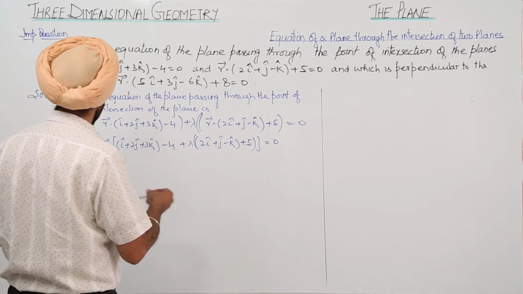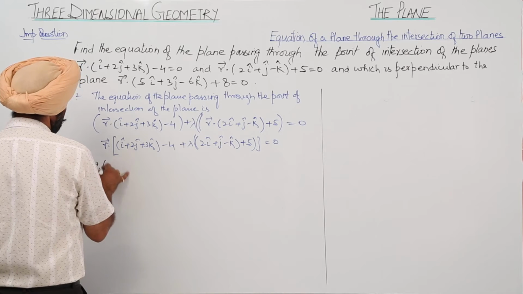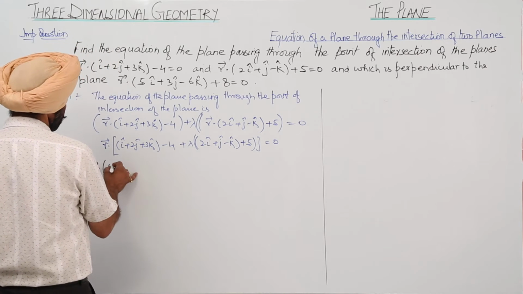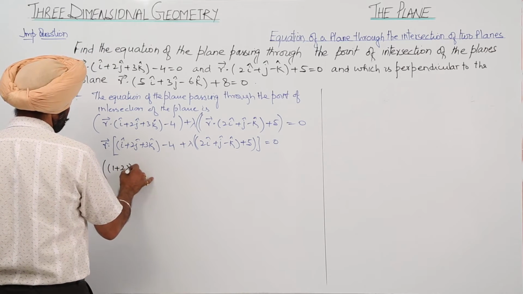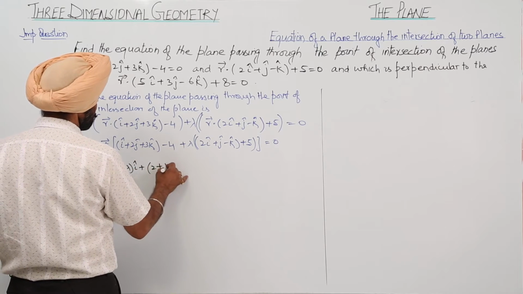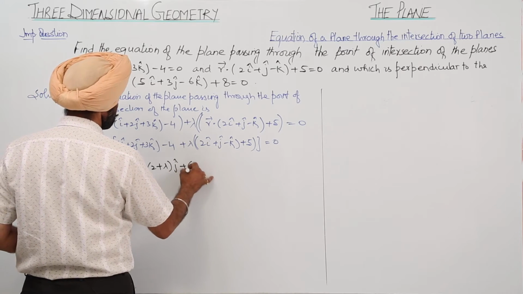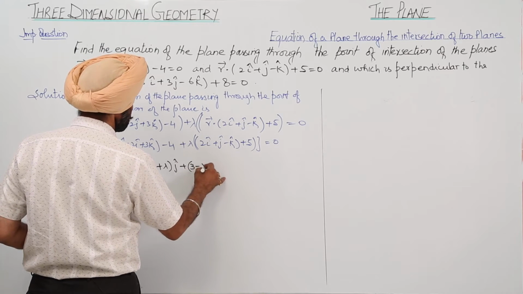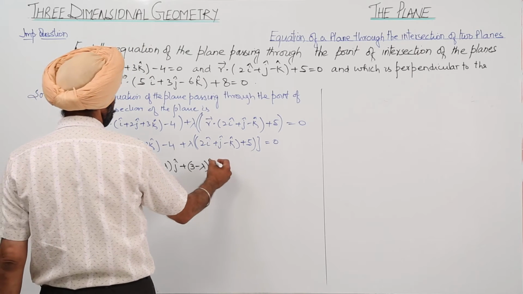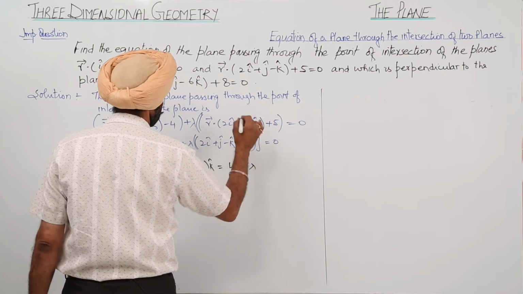Now this can be written as vector r dot, now we are having (1 plus 2 lambda) with i cap plus (2 plus lambda) with j cap plus (3 minus lambda) with k cap is equal to 4 minus 5 lambda.